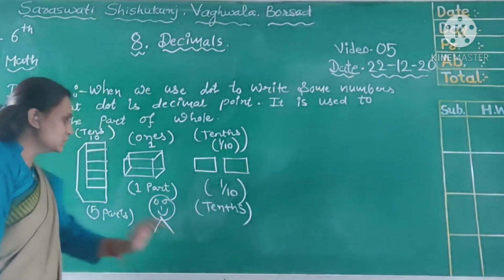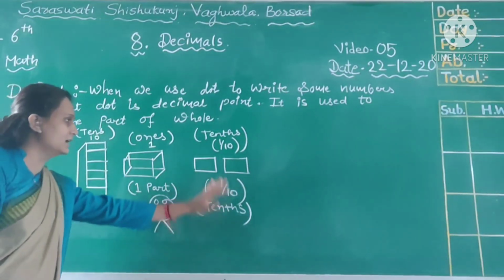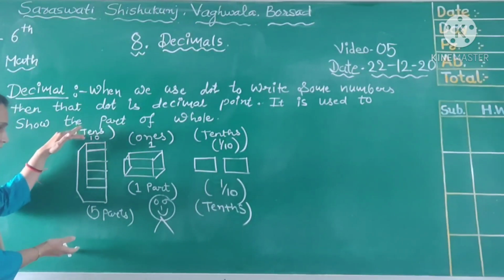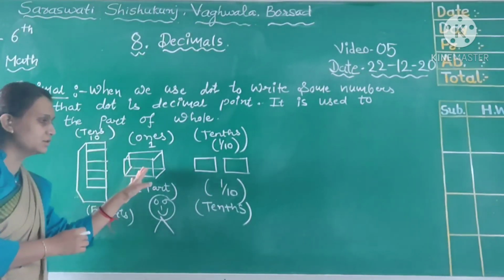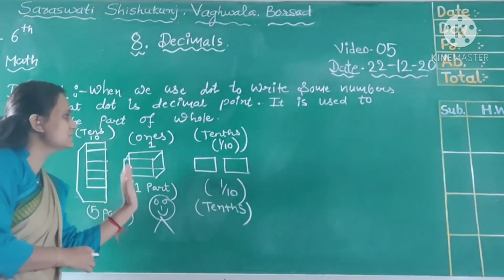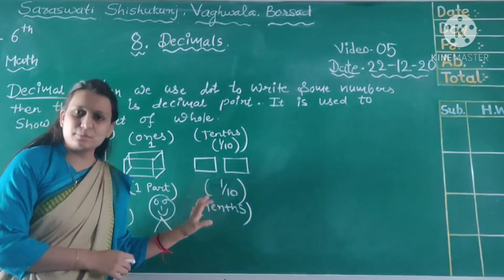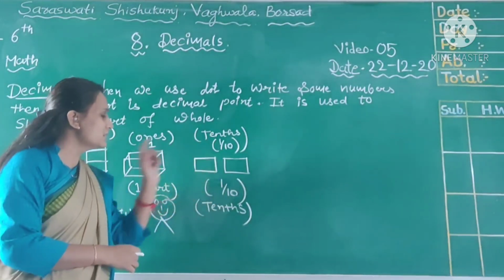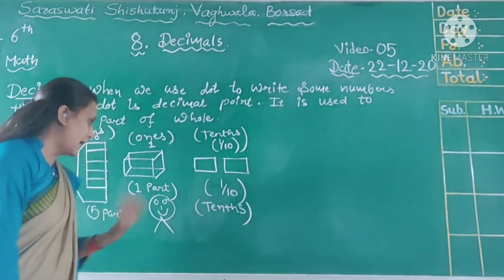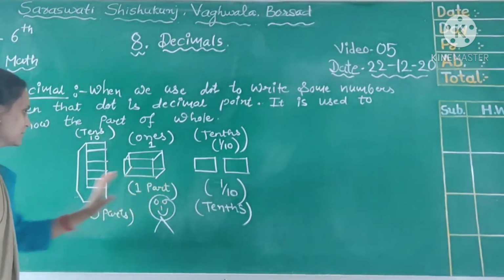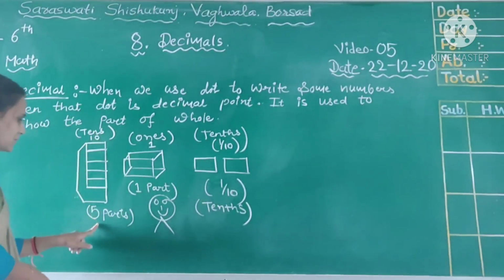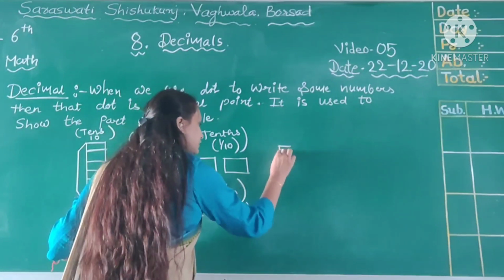So this is the tenth place, means it is defined by 1/10. Clear? This way we can understand that we have one whole chocolate, and that one piece is also divided into 10 pieces. So this tenth is known as decimal. And if we want to write in numbers, how many pieces are given here? 5.